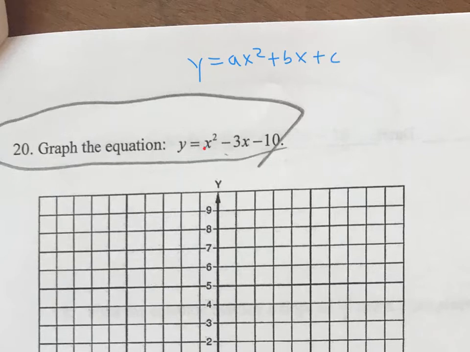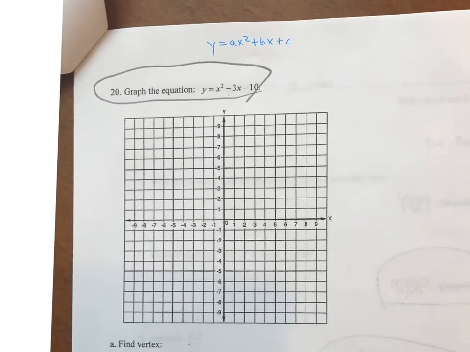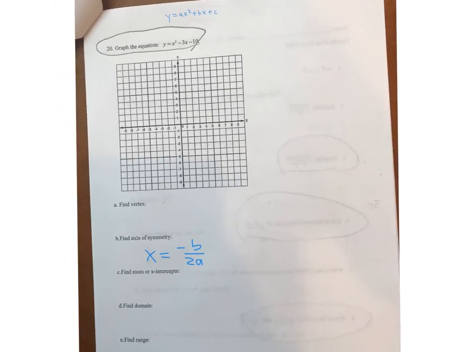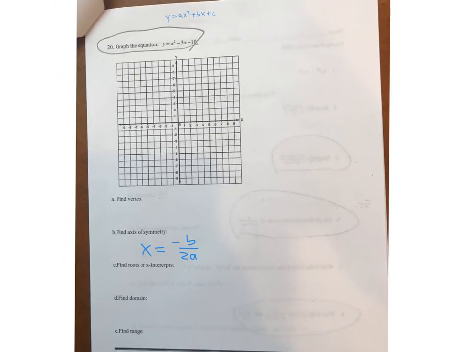So a in this case is this invisible 1 that's in front of here, b is this -3, and c is this -10. So what I'm going to do is write down off to the side reminders. So we have a equals 1, b equals -3, c equals -10.